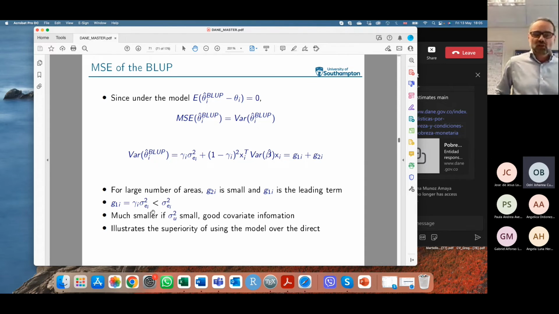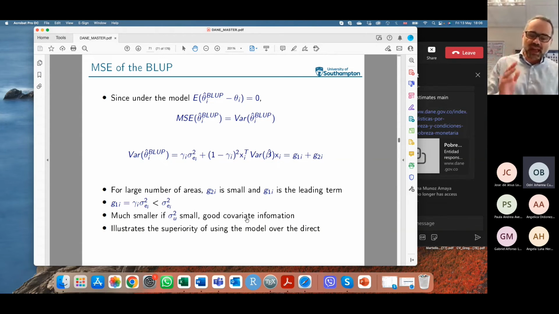If you have very good covariate information, for example, and your sigma squared U is small because you have managed to explain all the between-area variability, then you will get a lot of gains. That effectively illustrates the superiority of using a model over the direct estimator.